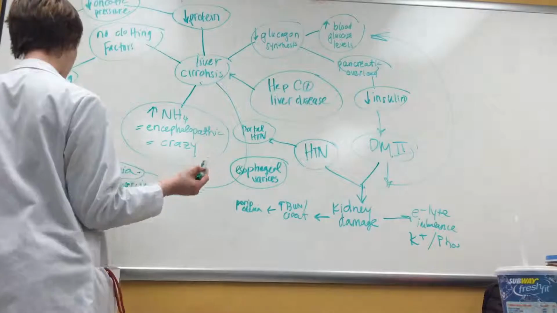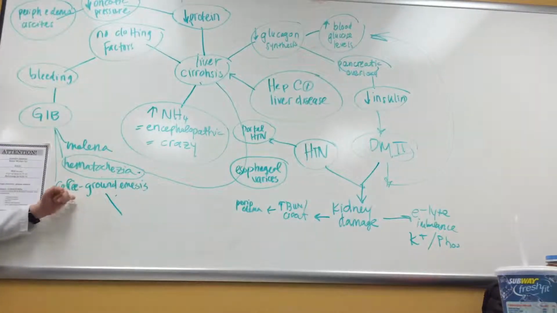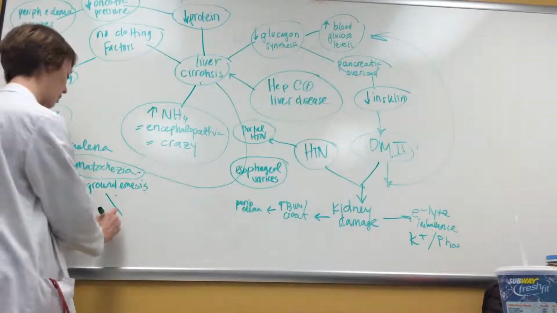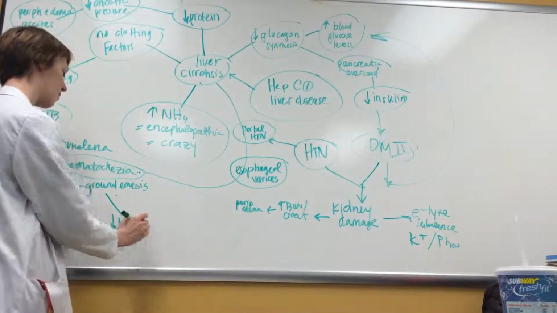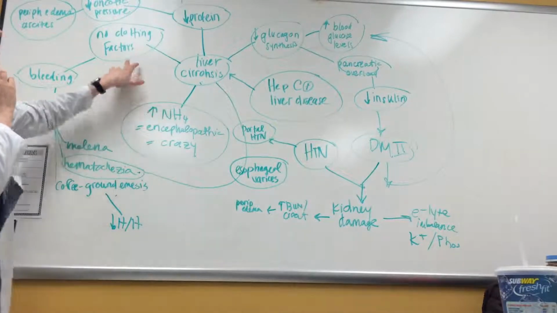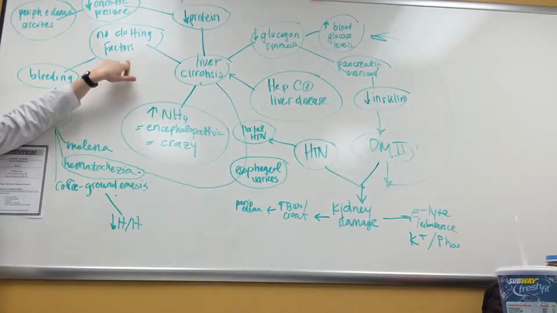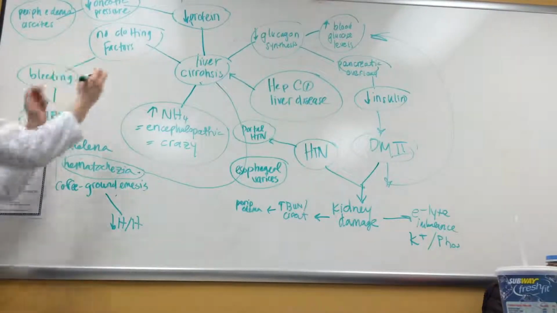So now we're talking about labs that we're seeing. While we're on the subject of labs, what other labs are we going to see here? From this stuff over here. There you go. Low H&H. What else? How about from this one? No clotting factors. Sure.